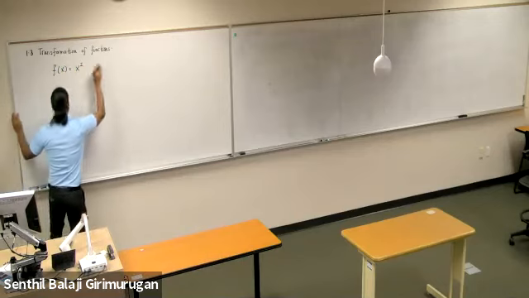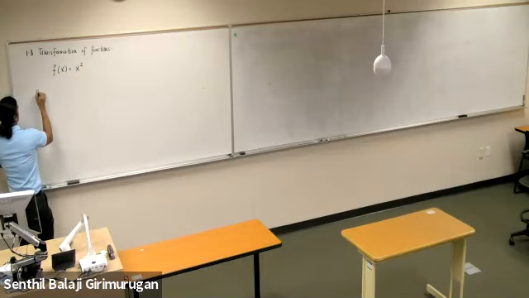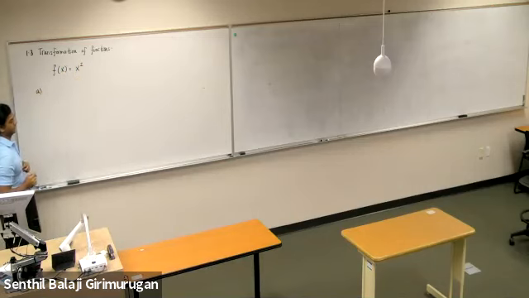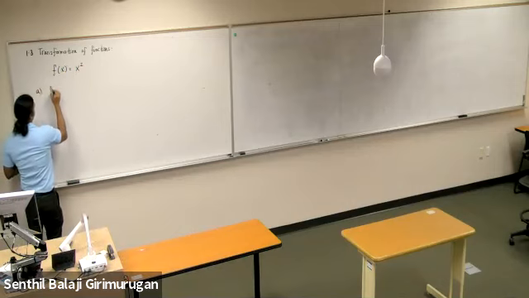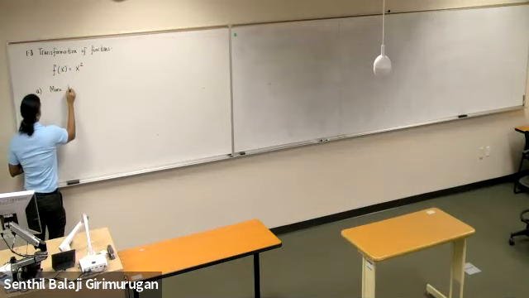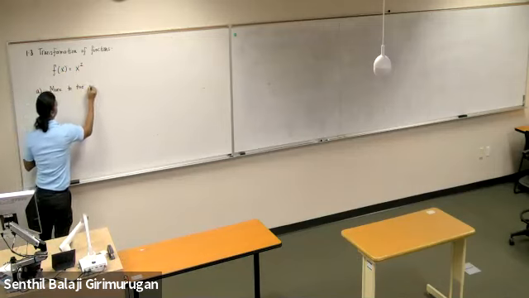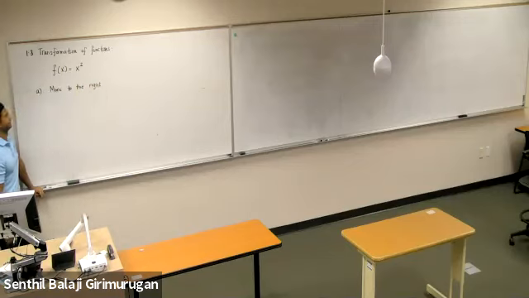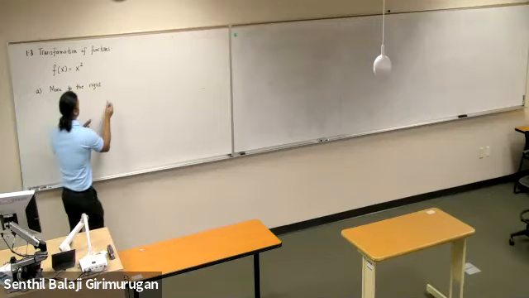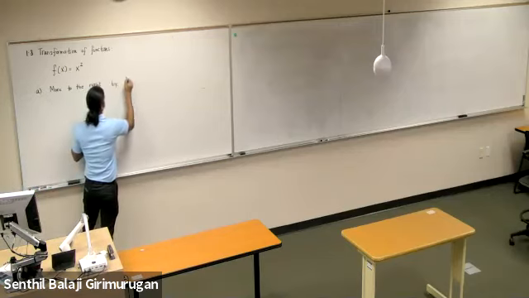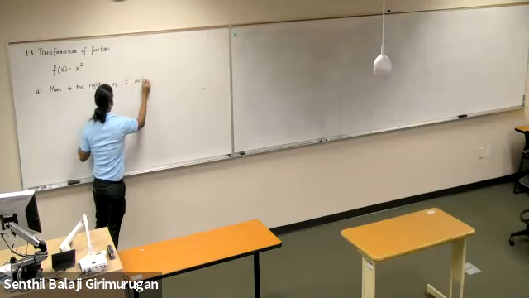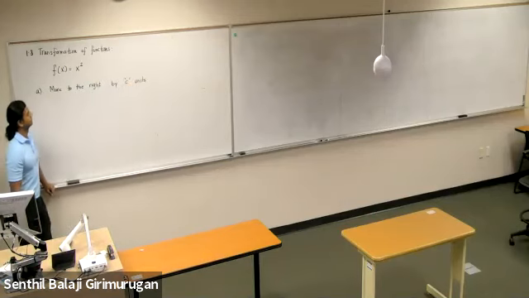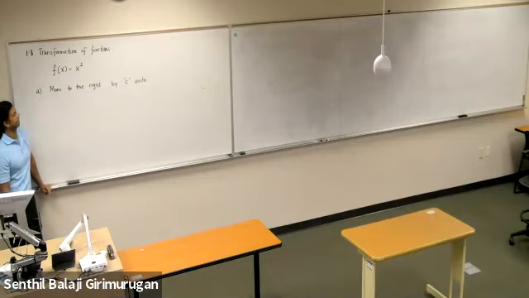Now, that original function, I'm going to make a transformation. I'm going to move to the right on the x-axis, let's say by c units. What would that mean?